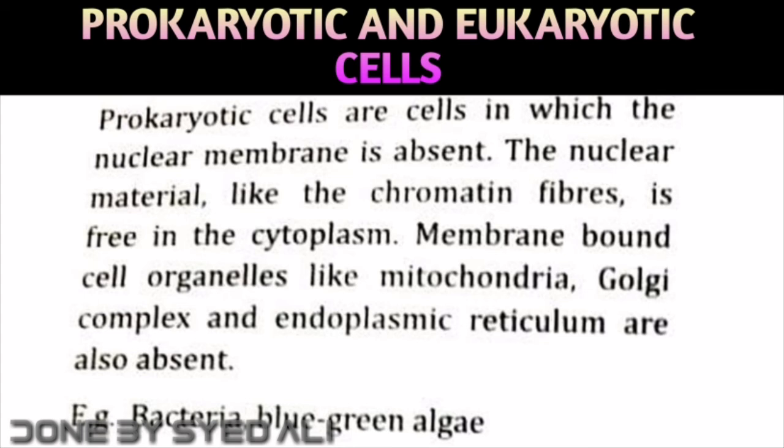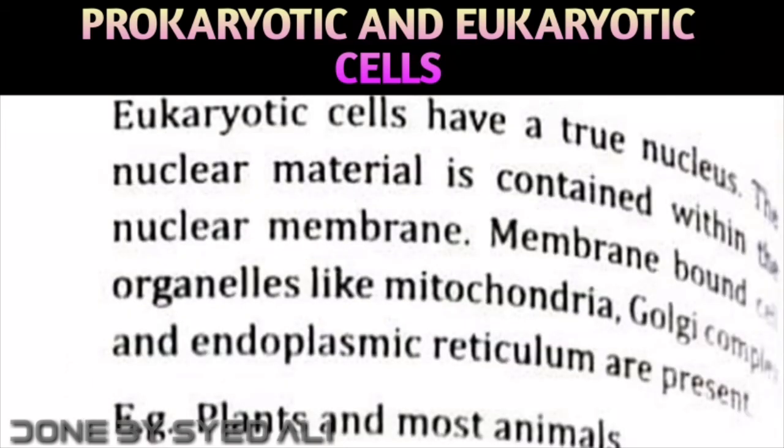The nuclear material, like the chromatin fibers, is free in the cytoplasm. Membrane-bound cell organelles like mitochondria, Golgi complex, and endoplasmic reticulum are also absent. Example: bacteria, blue-green algae.